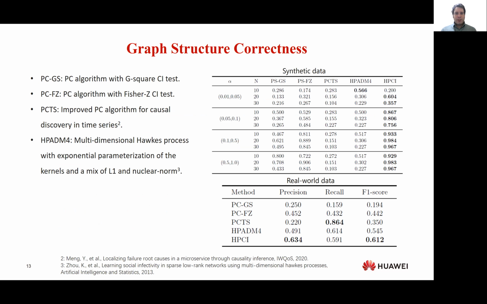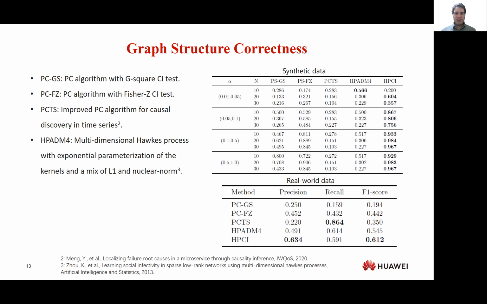And here we have 4 different causal inference methods for sequential data as baselines. We have 2 methods using the PC algorithm, one using the G-square as the conditional independence test, and one using Fisher's Z instead.